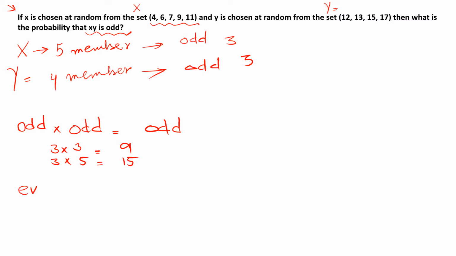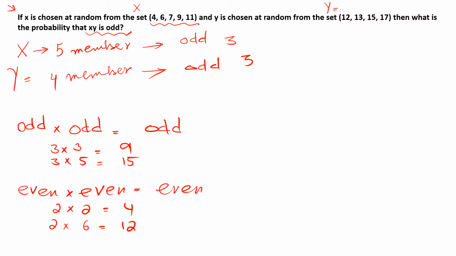Similarly, if I multiply an even number with an even number, I always get an even number. For example, 2 times 2 is 4, or 2 times 6 is 12. So every time I multiply an even number with an even number, I get an even number.